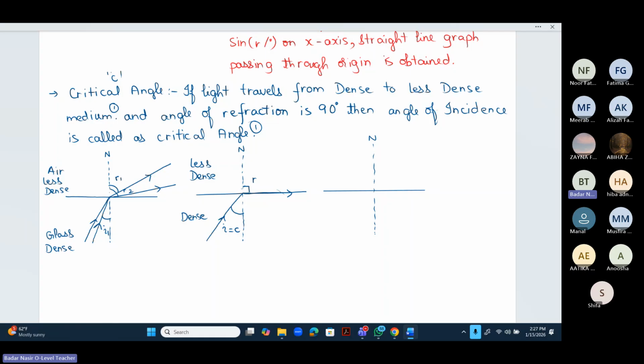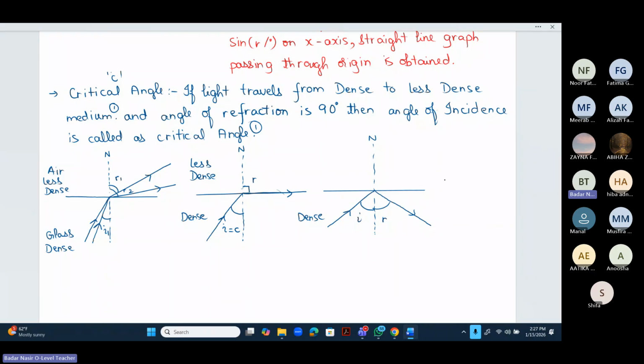Now, what is total internal reflection? देखो, if I am going to increase my angle of incidence from the critical angle, तो उस पे क्या होगा कि instead of the light traveling from dense into the less dense medium, the light will be reflected back into the same medium and it will follow the laws of reflection.